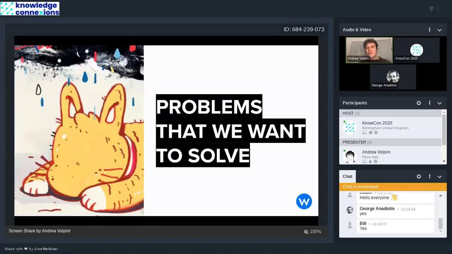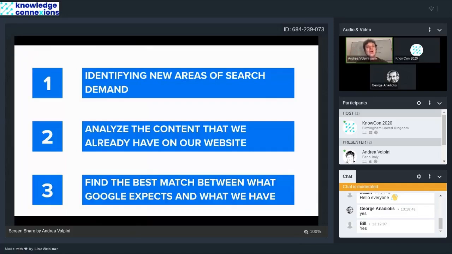So the problems that we want to solve, just quickly: getting new areas of search demand, analyzing the content that we have already on our website, and then finding the best match between the content that Google expects and the content that we have on our website. So these are the three challenges that we are going to face.